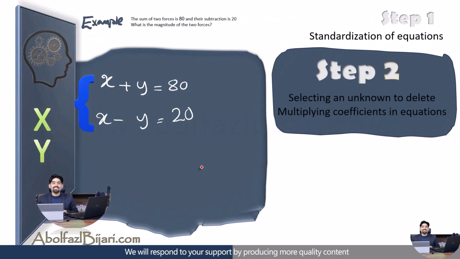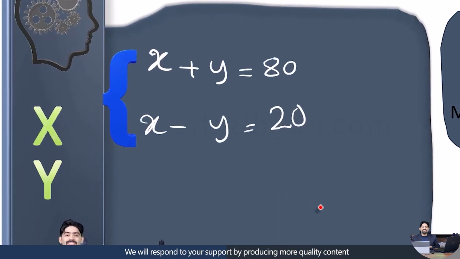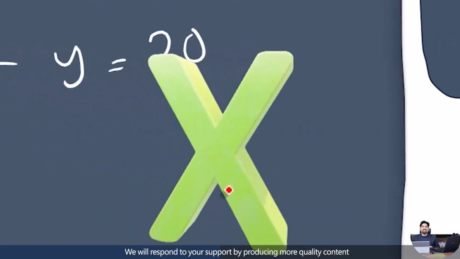Step 2. Choose an unknown of your choice, x or y. Here, for example, we choose x.